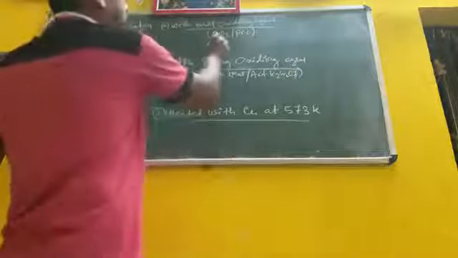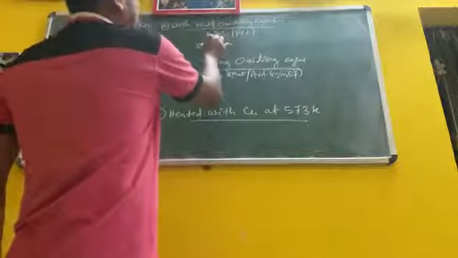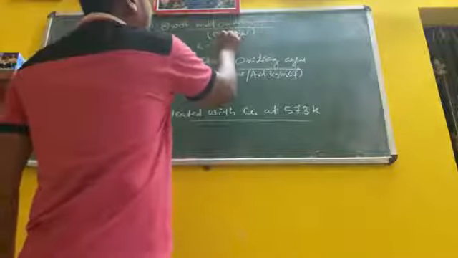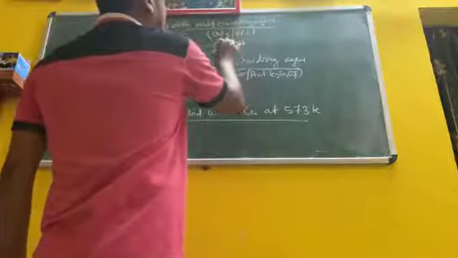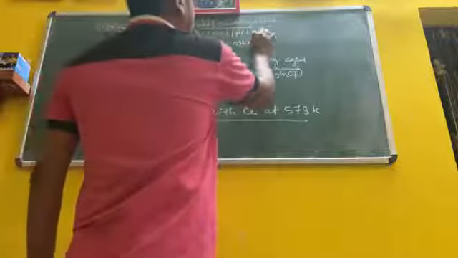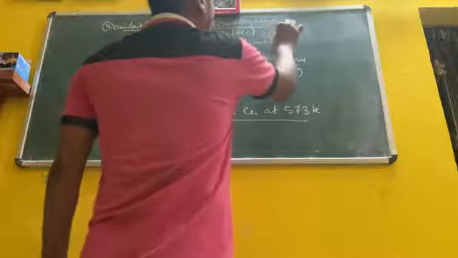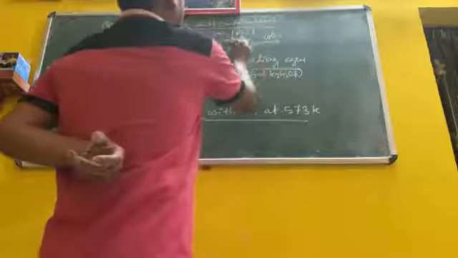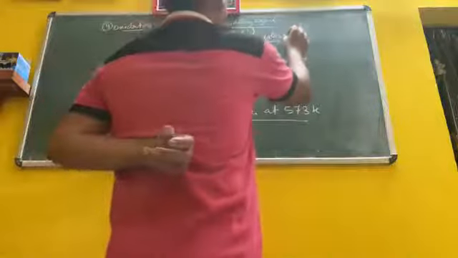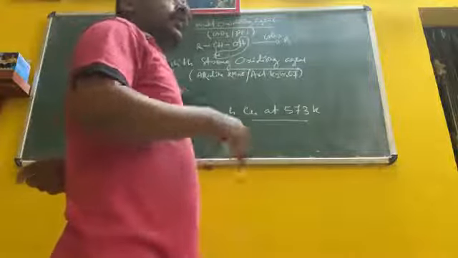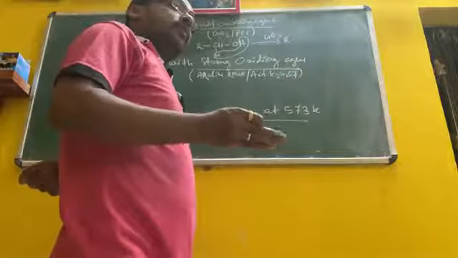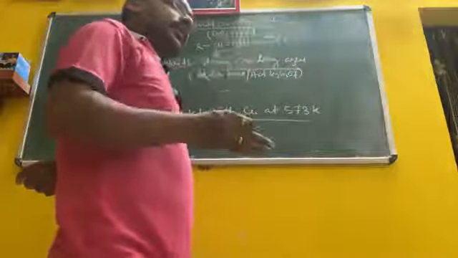Okay, you see. Suppose R-CH-OH, you can write here H. Okay, in presence of CrO3, it will undergo removal of H2, dehydrogenation. Dehydrogenation means removal of hydrogen. Hydrogenation means addition of hydrogen.